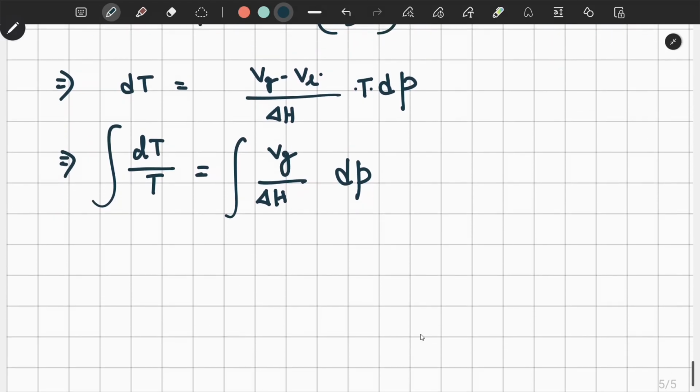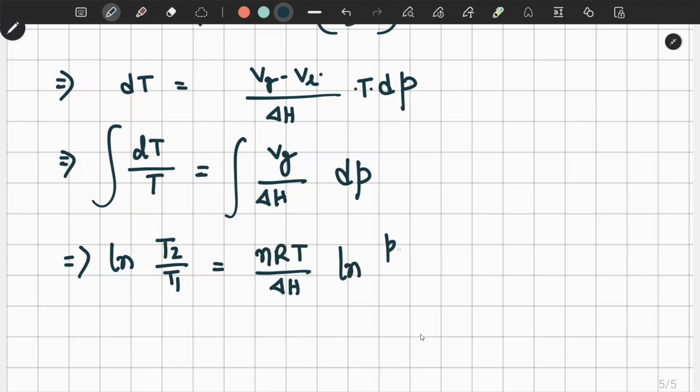Yes, this you can change like this. And Vg is nRT by P. So this is the formula, the Clausius-Clapeyron equation we have obtained again.